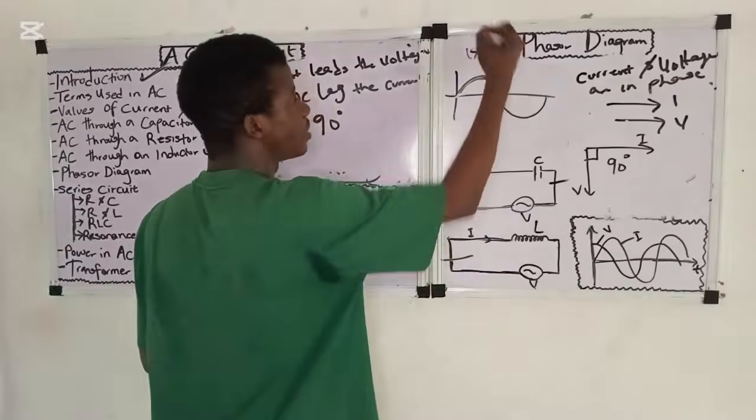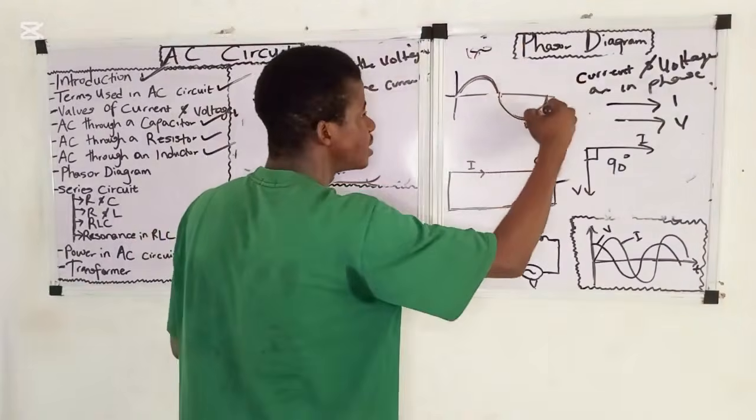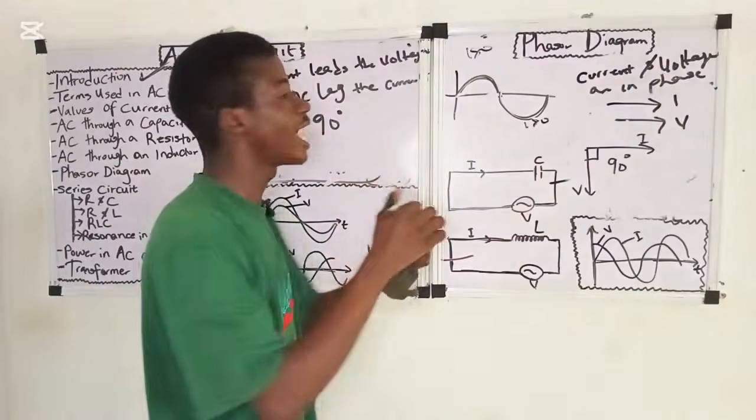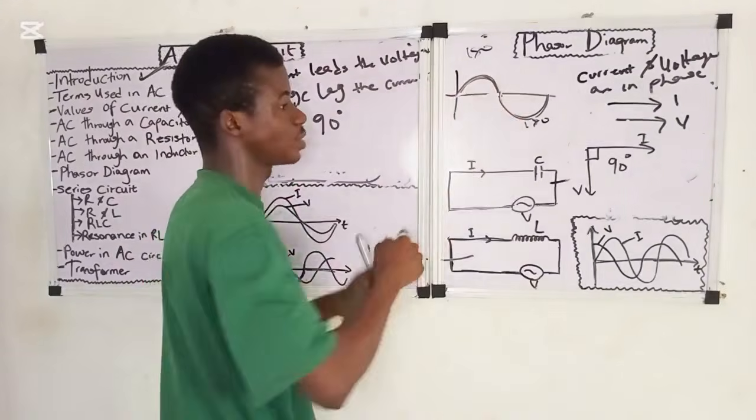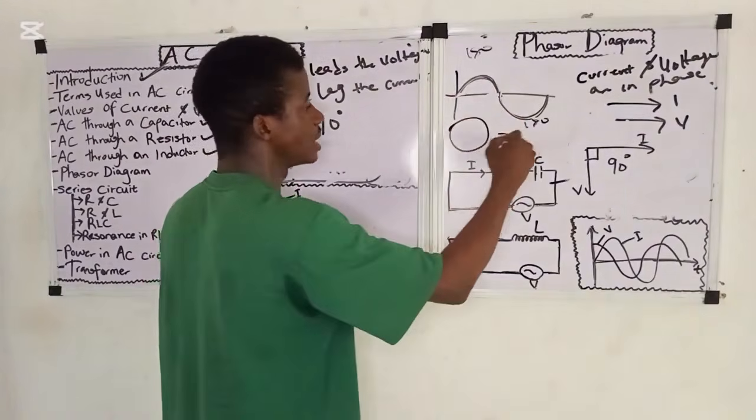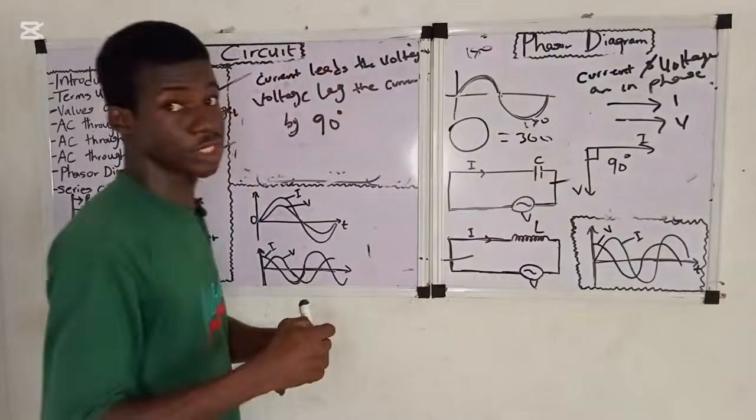This full place from here to here is 180 degrees, and from here to here is another 180 degrees. If we add these two waves together, we get a full circle, which is 360, right? 180 plus 180 gives us 360.